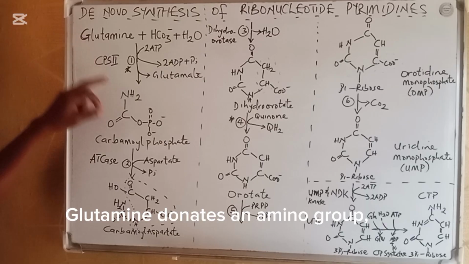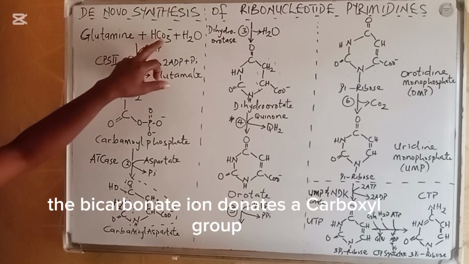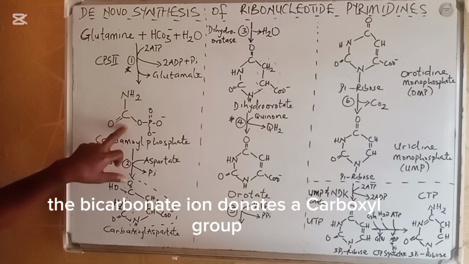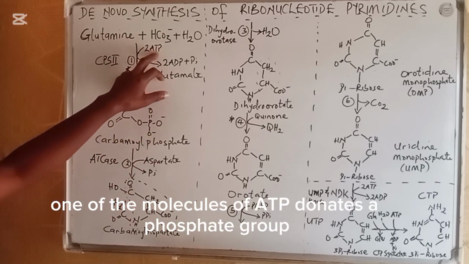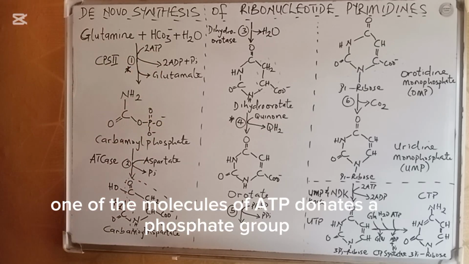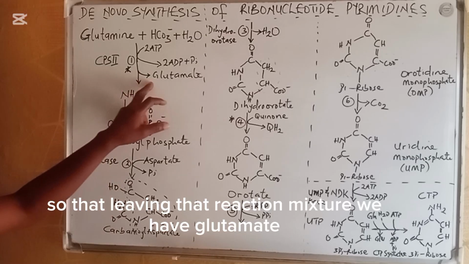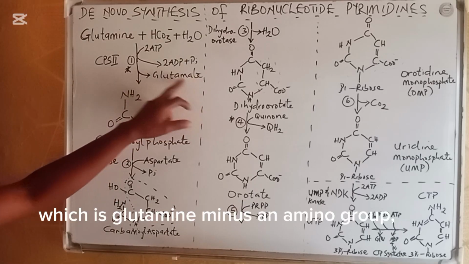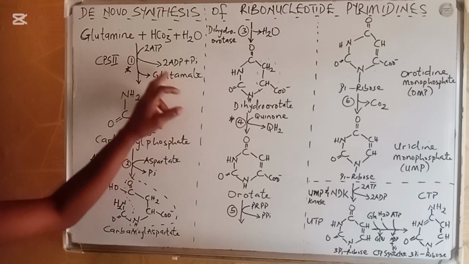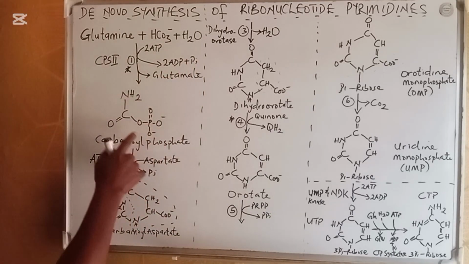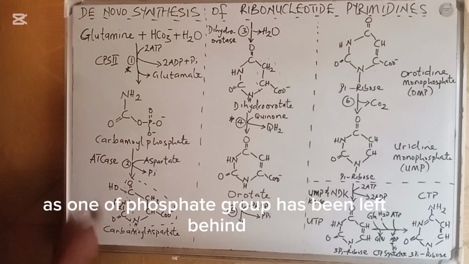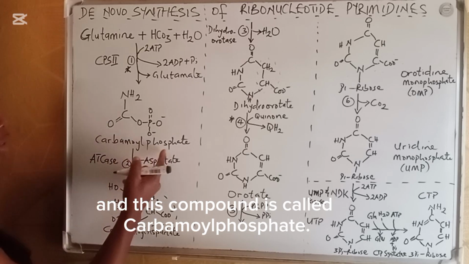Glutamine donates an amino group. The bicarbonate ion donates a CO2 group, and one of the molecules of ATP donates a phosphate group. So leaving that reaction, we have glutamate, which is glutamine minus an amino group, and we have 2 molecules of ADP and 1 molecule of phosphate. One phosphate has been left behind, and this compound is called carbamoyl phosphate.